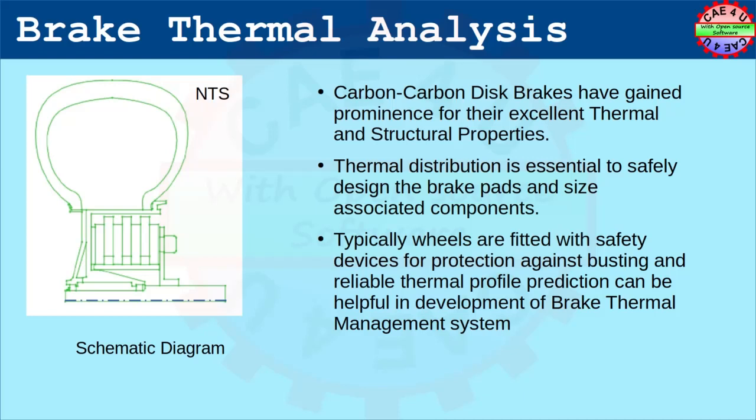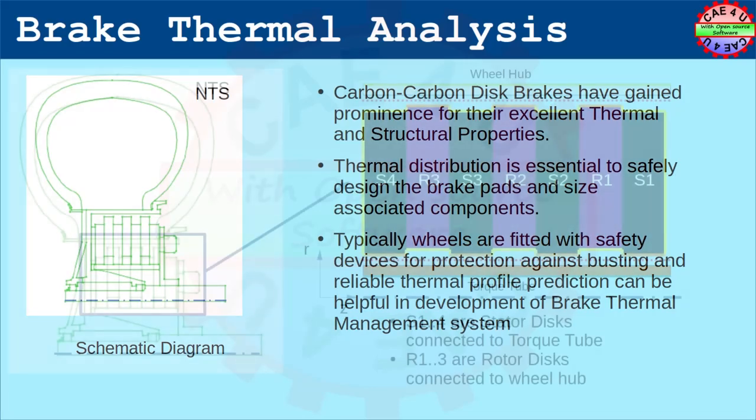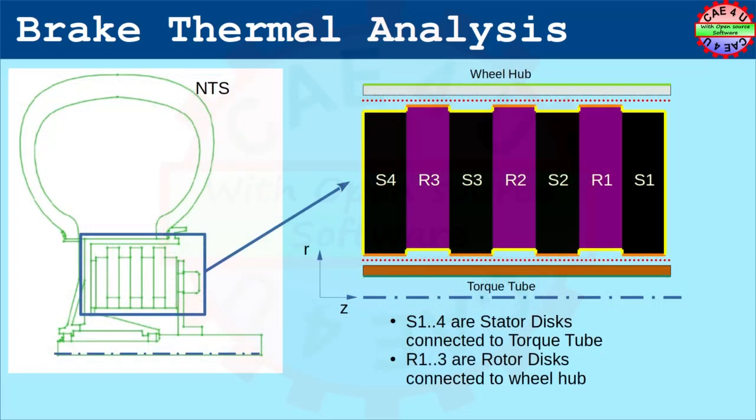The discs are actuated using a cylinder and it is rested with a thrust pad. Let us take a deeper look into the brake disc assembly. As we take a closer look, the rotor discs are attached to the wheel hub and the stator discs are attached to the torque tube.